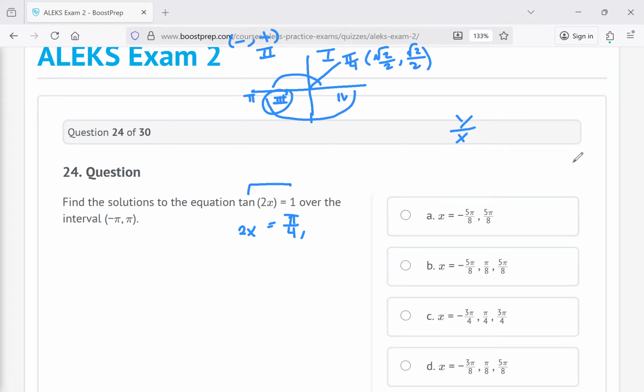That would be negative 3 pi over 4, because we're going backwards. So we're not going positive 3 pi over 4, we're going negative. So it would also be negative 3 pi over 4.